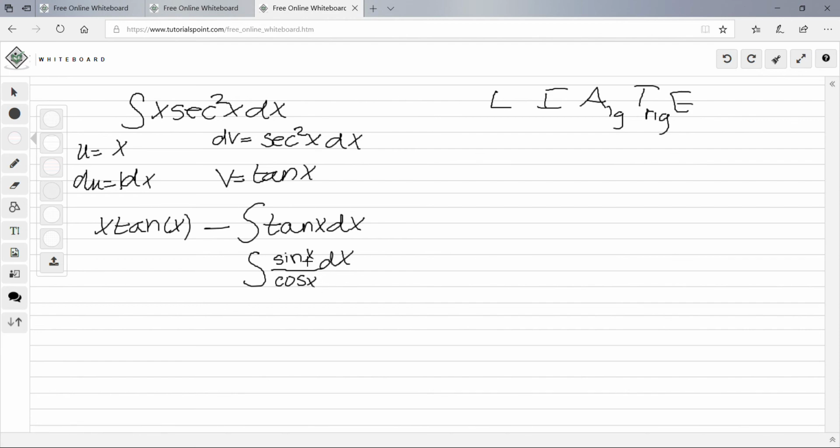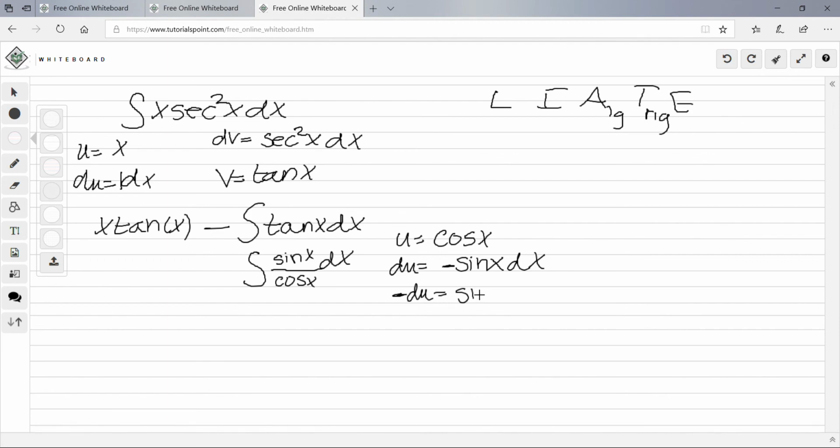So for this one, we could use u substitution. So we'll use u as our cosine x. And then our derivative of that is just negative sine x dx. We have a sine x dx, but we don't have a negative, so let's get rid of this negative. So I'm going to multiply both sides by negative.